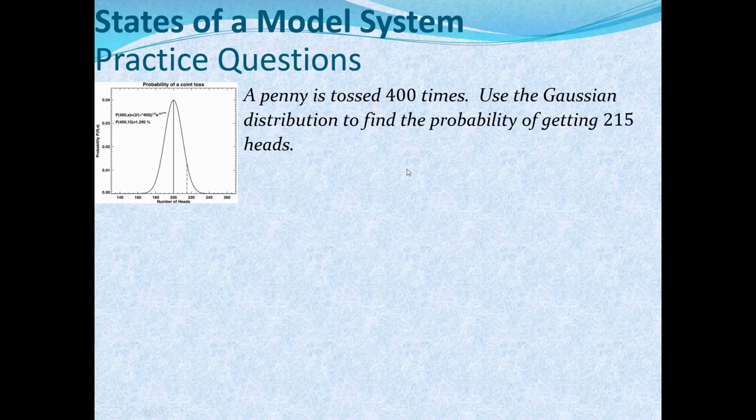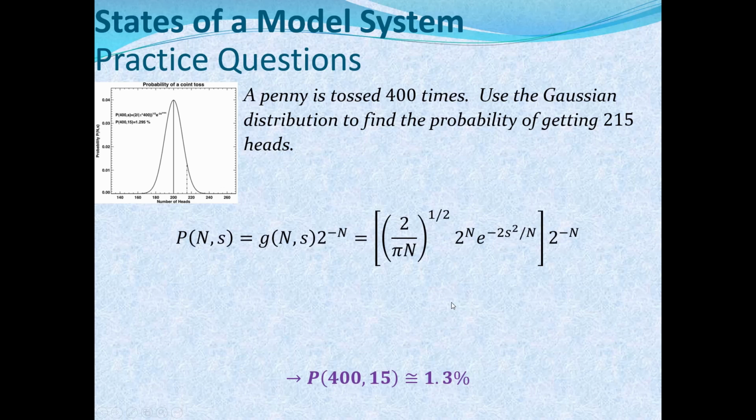All right, so here we're going to use the Gaussian distribution, basically that approximation. So the probability is now going to be 1.3%. We get that by taking the function that we have and plugging in that term here, and then we're going to multiply it by 2 to the n. We're going to take n to be 400. We have to figure out what that half spin excess is.